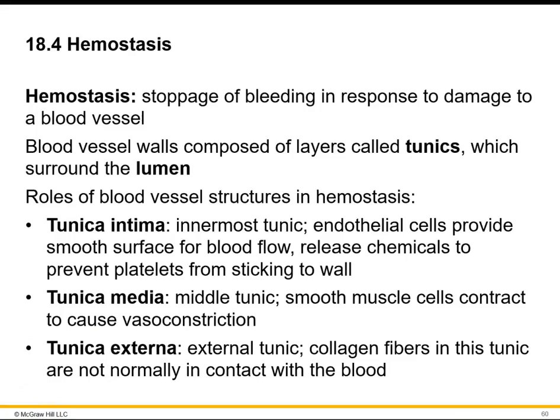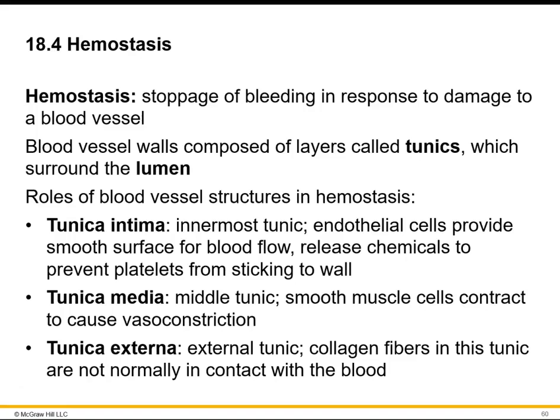Okay, let's go from inside to outside the blood vessel tunics. So the innermost tunic, the tunic that is in direct contact with the blood, is called the tunica intima. And there, endothelial cells provide a smooth surface for blood flow. Now, all an endothelial cell is a squamous epithelial cell that makes up the inside of a blood vessel.